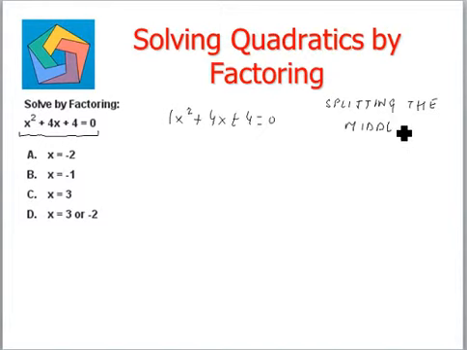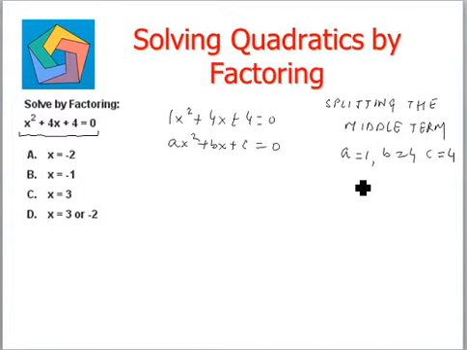Now if we compare the given equation to the standard quadratic equation, that is ax squared plus bx plus c equals 0, from here we find out that a equals 1, b equals 4 and c is also equal to 4. Now we multiply a with c, so we get a times c equals 4.